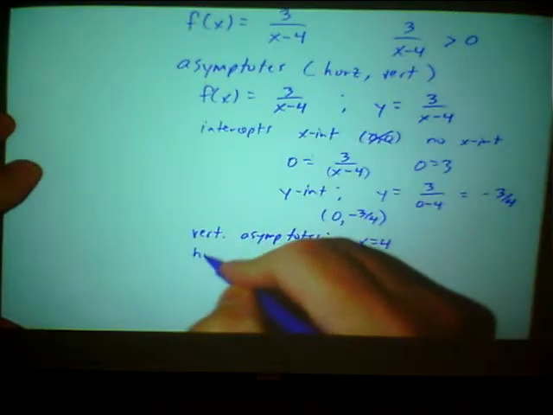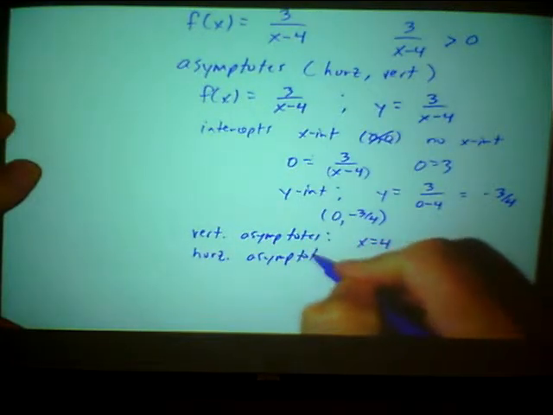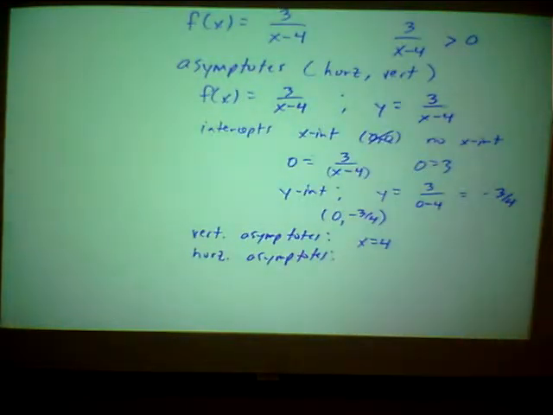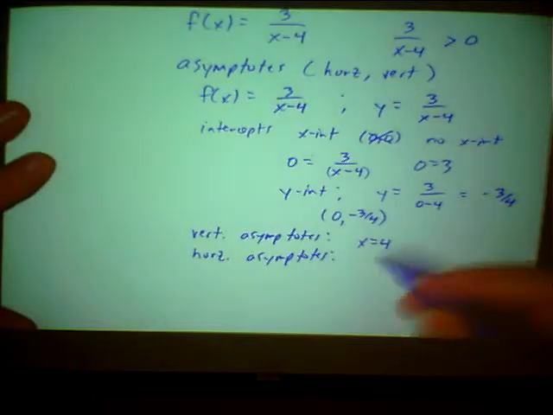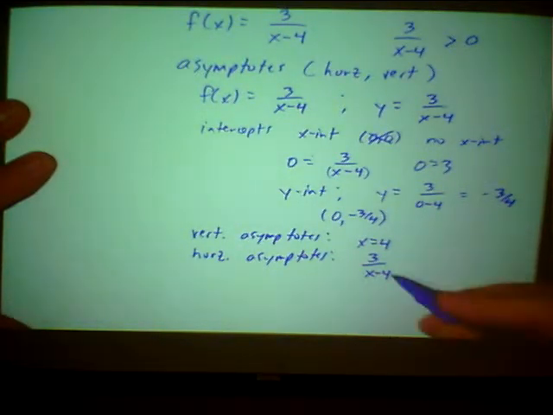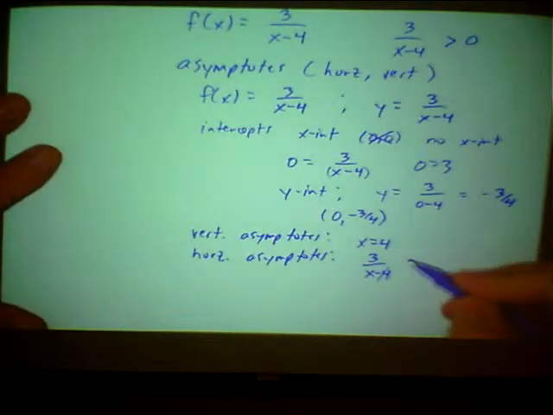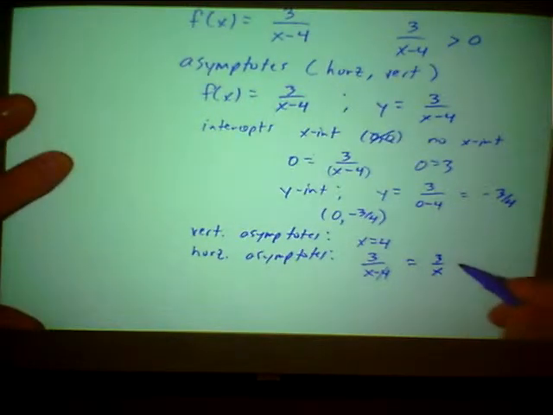Now a horizontal asymptote, you remember, is where we simply look at the leading terms of the numerator and the denominator. So 3 over x minus 4, I basically ignore the 4. So I say this is basically 3 over x.